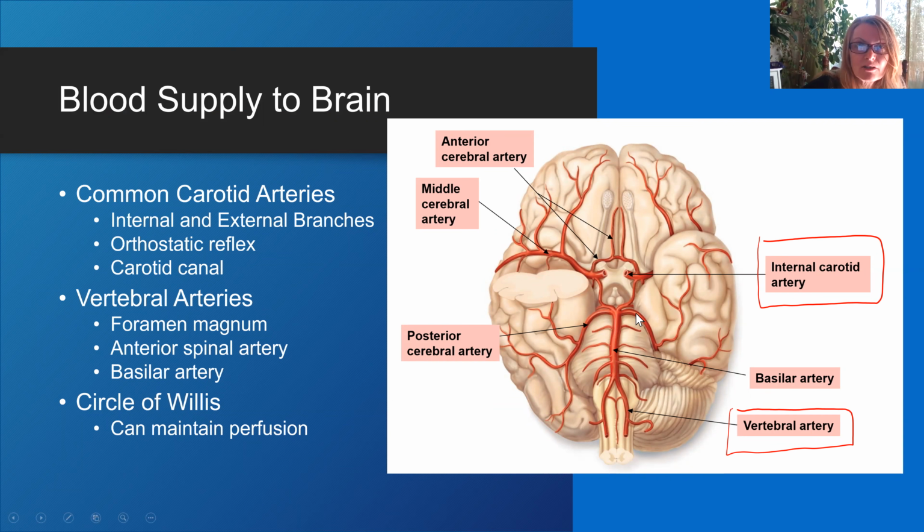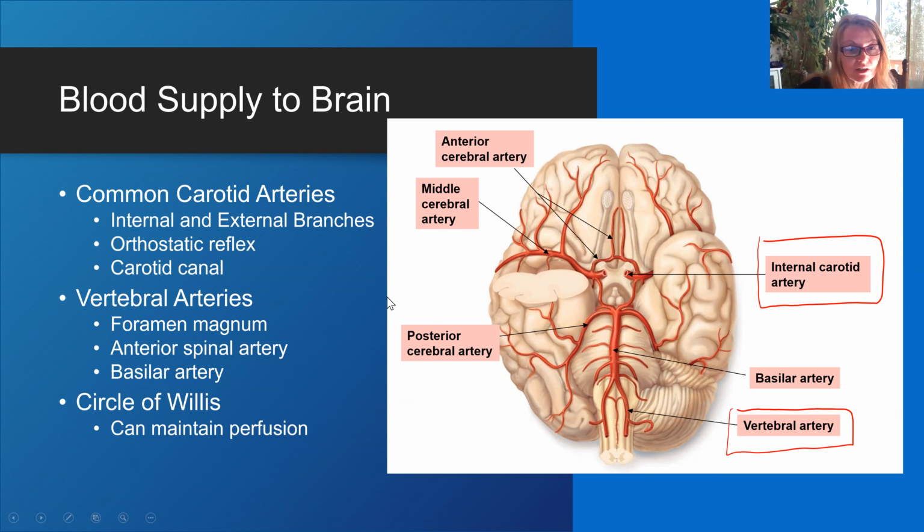And when they enter the cranial cavity, they form lots of connections called anastomoses. So this way, if some of the blood vessels is damaged or plugged, hopefully, right? So there is a blockage somewhere, we have extra blood vessels delivering oxygen to your brain.